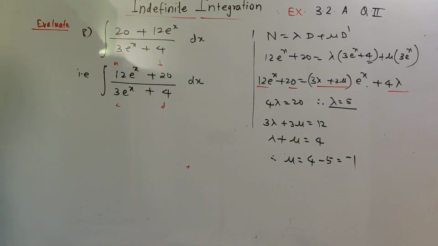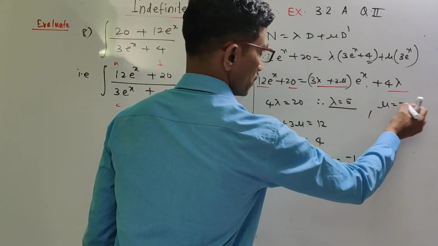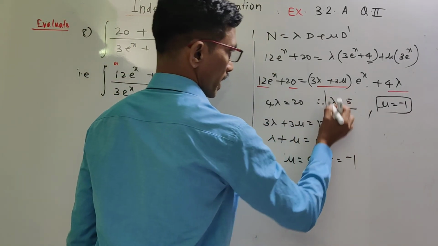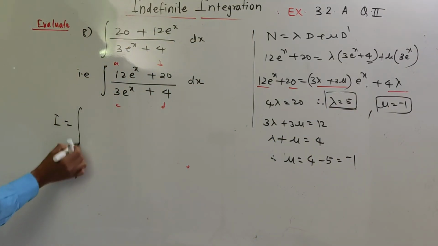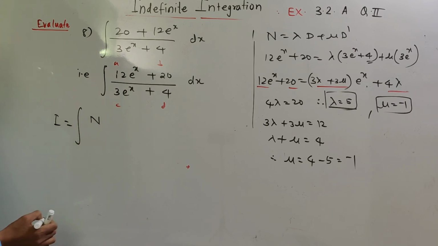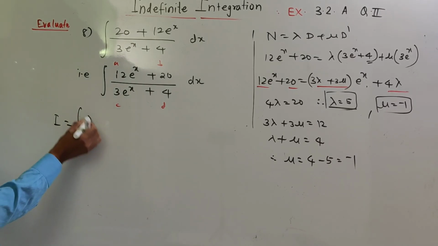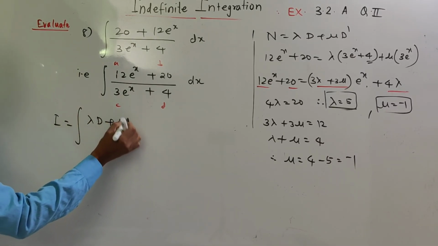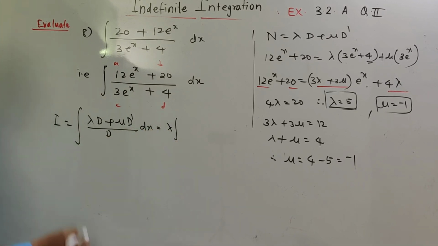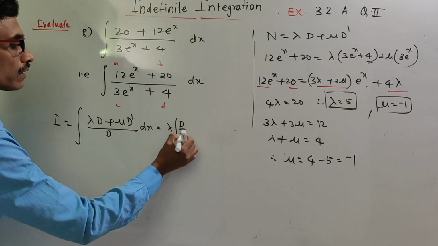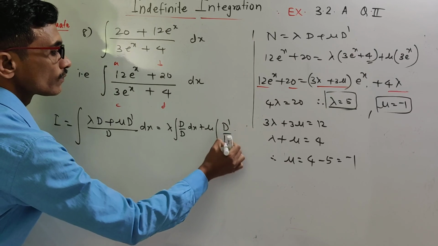So after getting lambda is 5 and mu is minus 1, your integral I will be numerator upon denominator, that is lambda d plus mu d dash upon d dx, which is lambda integral d upon d dx plus mu integral d dash upon d dx.